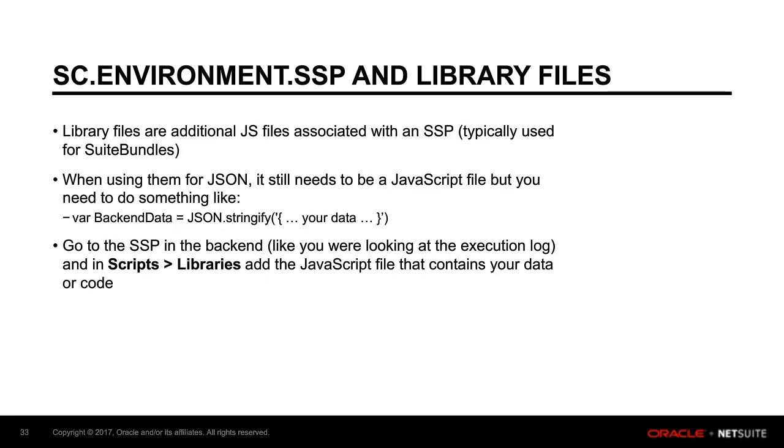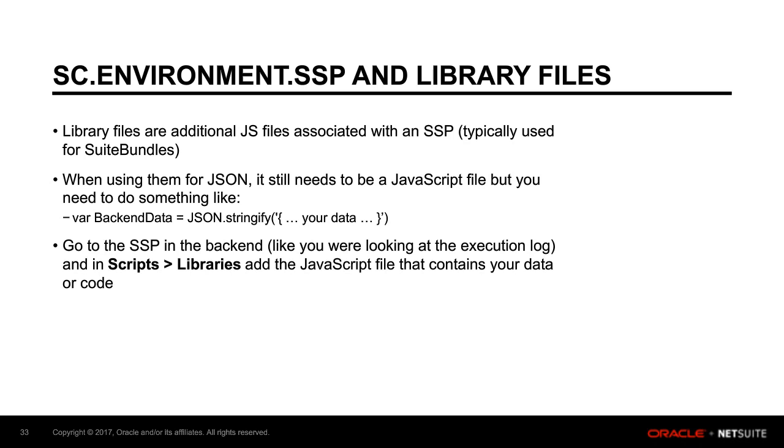So how do you associate the JavaScript that you might need with the bootstrapping method? We have this concept of library files. Library files are additional JavaScript files that you associate with an SSP, and these are typically used whenever you bundle up some code to make it into a SuiteBundle.